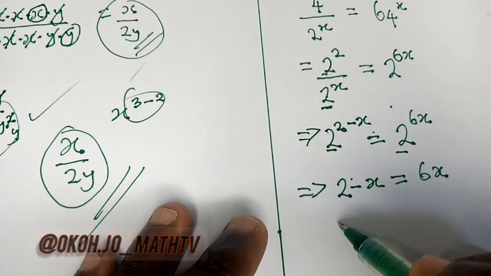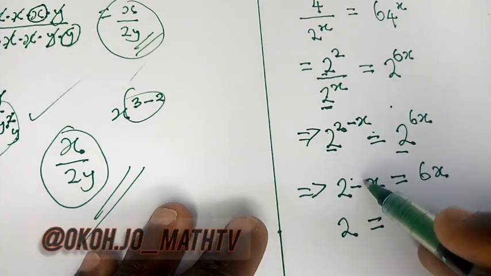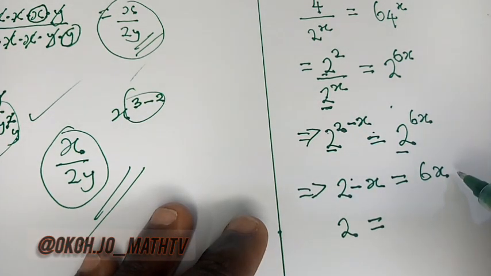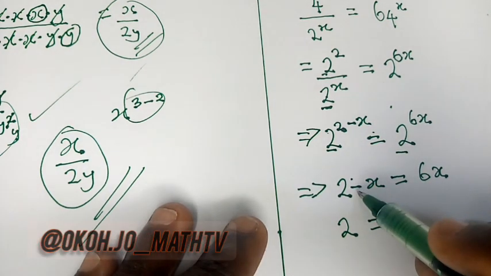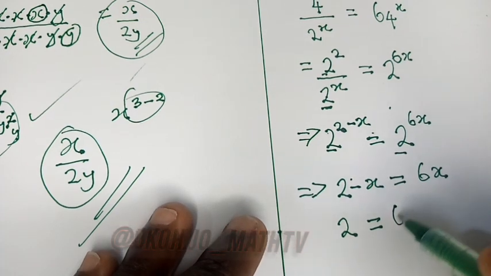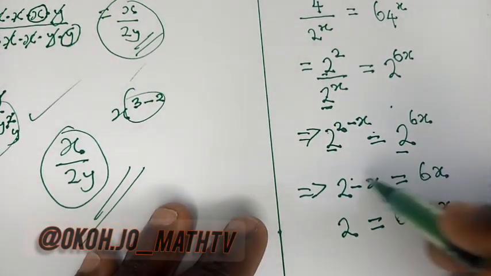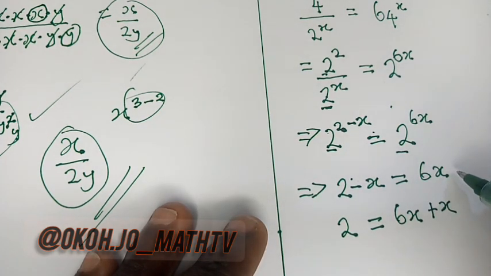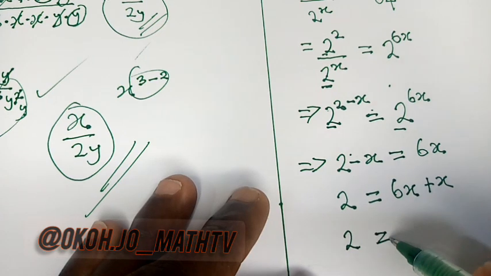So this implies that 2 is equal to, when this x is crossing over to meet up with the like term here, this negative will change to positive. So bring down this 6x as it is, then plus x, because these have crossed over. Is that okay?